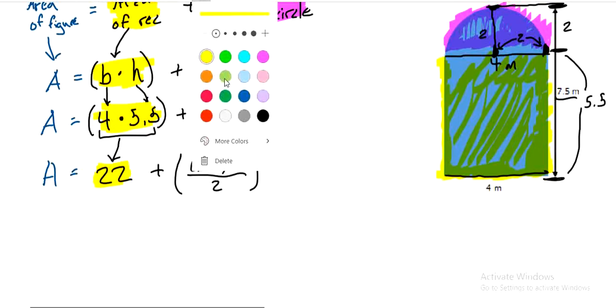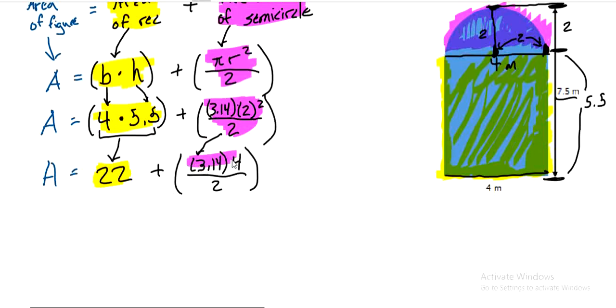We keep going. A equals, going to have 22 here, plus, now we'll do 3.14 multiplied by 4, which gives us 12.56 over 2.